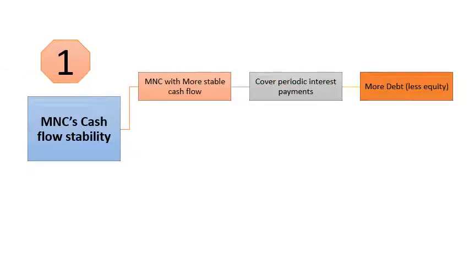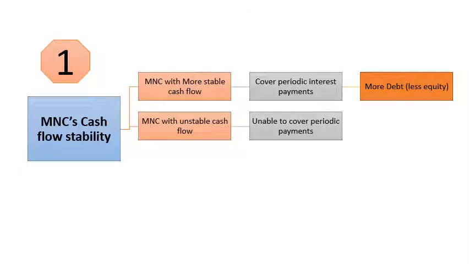So this company can use more debt. Otherwise, if the multinational corporation has unstable cash flow, it may be unable to cover periodic payments, so it will use less debt.